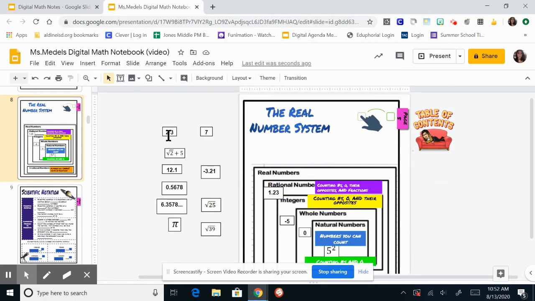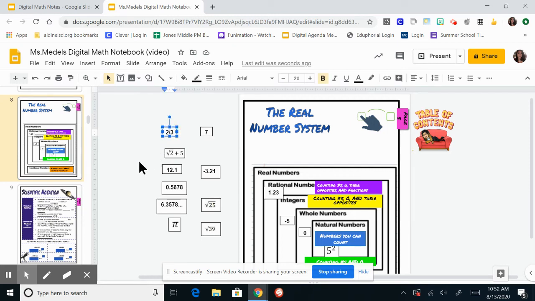Numbers like 2/3, if I change it, I know that's going to be 0.666666666. Because I can guess that the next number is going to be 6, this is also going to be a rational number.